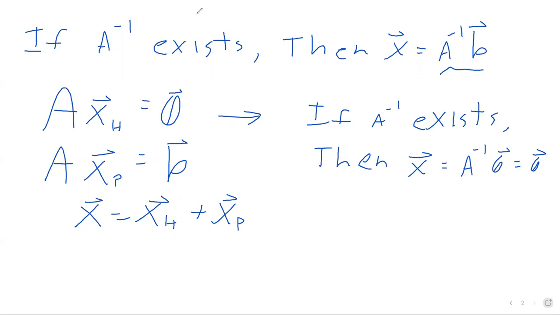So our overall x will just equal x sub p. If our A inverse does not exist, then we have either no solution or infinitely many solutions.